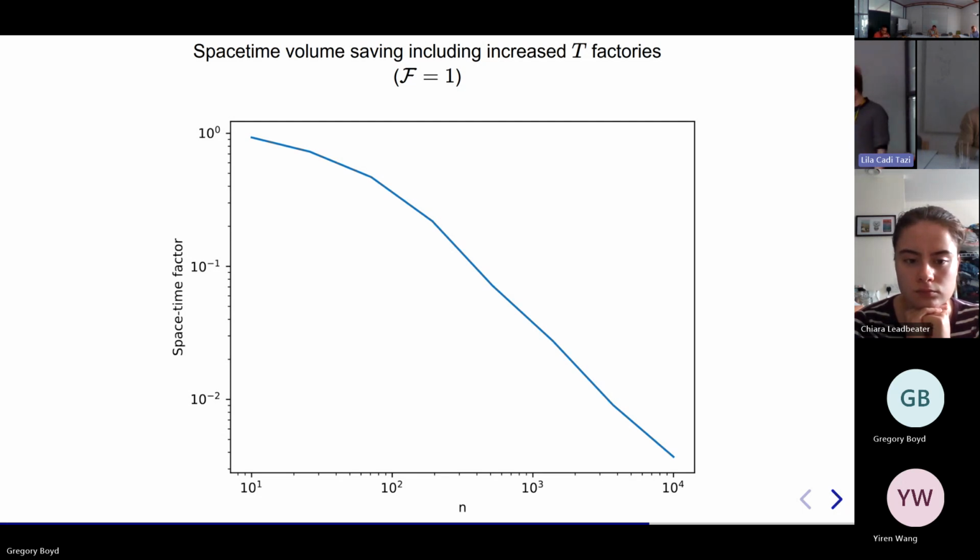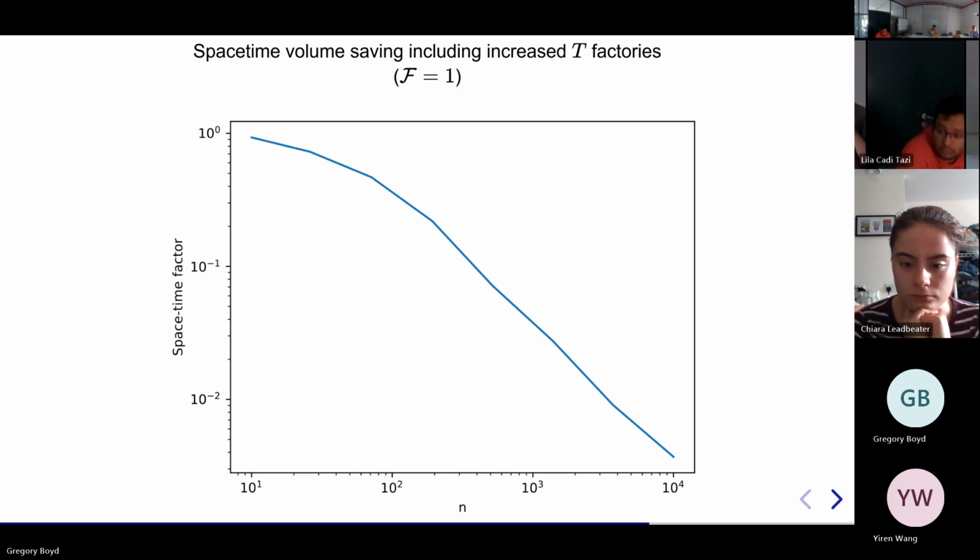But once you do that, you find that as you increase n, which is the size of your main register of qubits, the ratio of the space-time cost of the parallelized version of the algorithm to the serial version actually decreases.